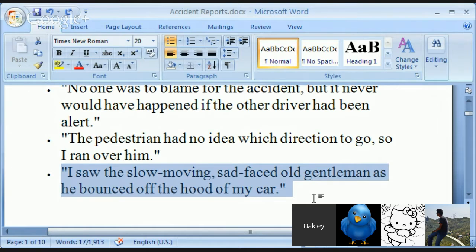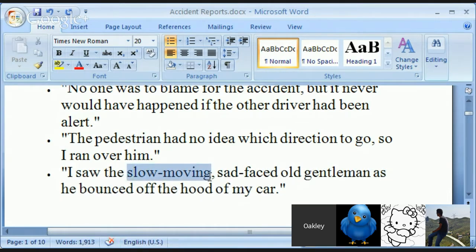I just find this extremely amusing because of the excellent use of adjectives by this writer. It would seem to me that writing this in a report would actually make matters much worse, since you're giving such detail.